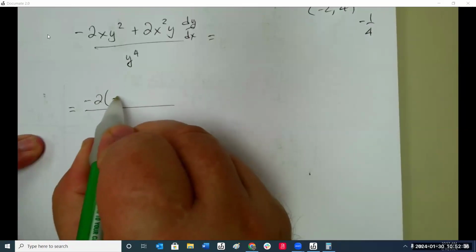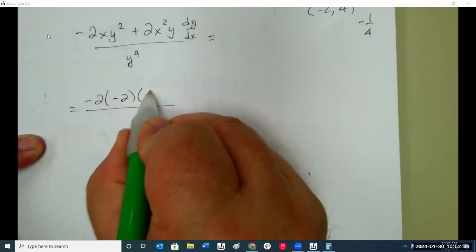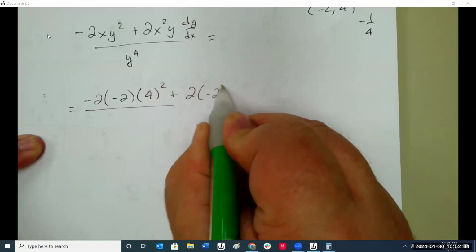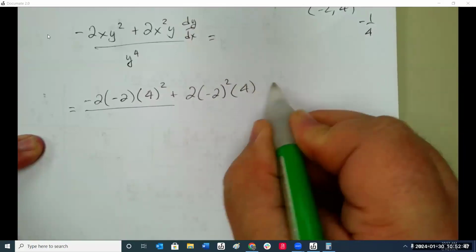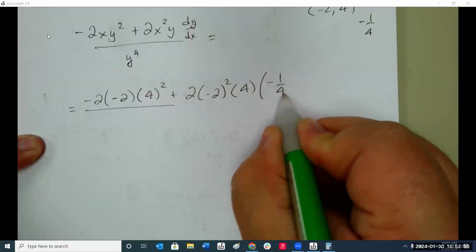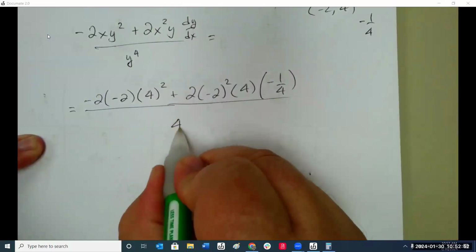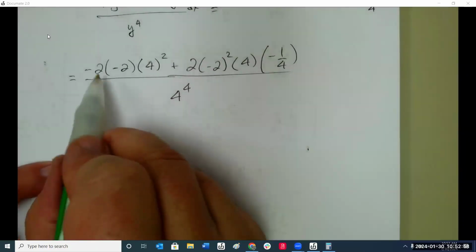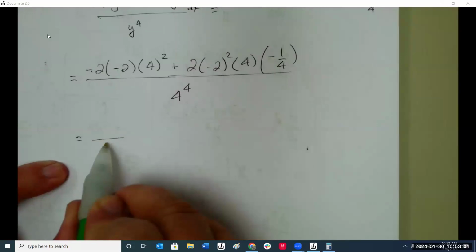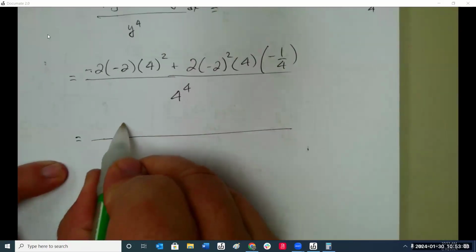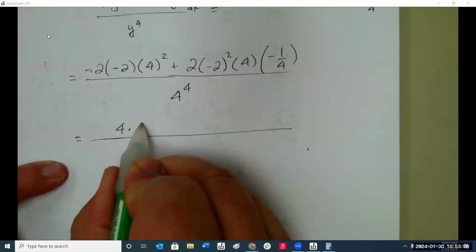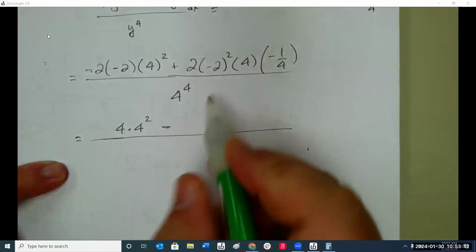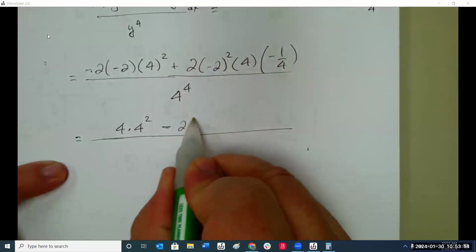Try this one more time. -2 times -2, 4 squared, -2 squared, negative is a positive. 4 times 4 squared. Negative is a negative. 2 squared is 4.